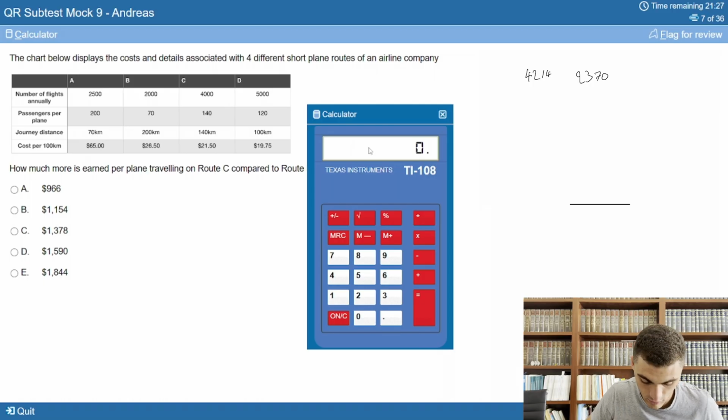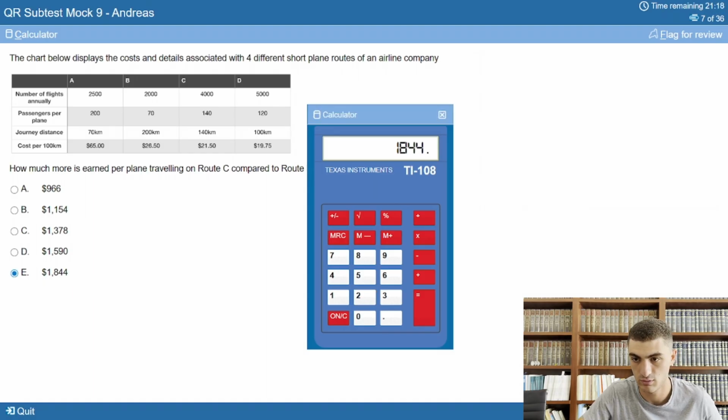Subtract that from the original: 4214 minus 2370, so the answer is E, so 7E.